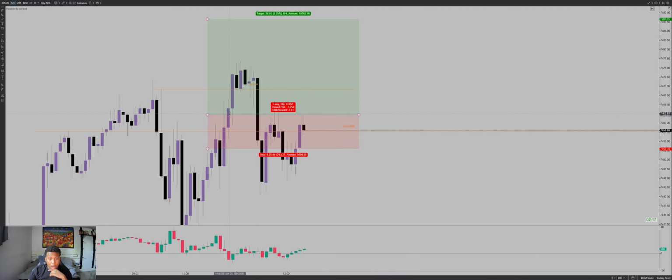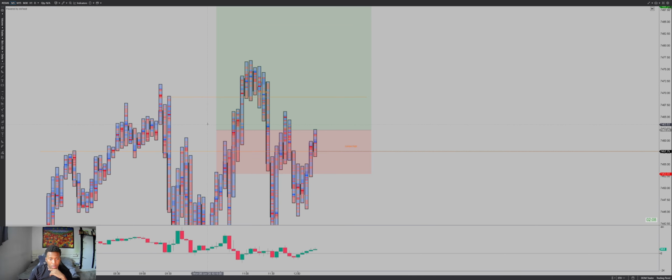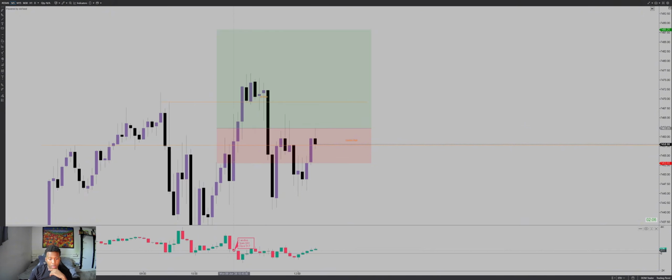So I have acceptance, failed reclaim, then another price mismatch. There's a bullish candle and seller aggression, which shows absorption, and we have price trading higher.